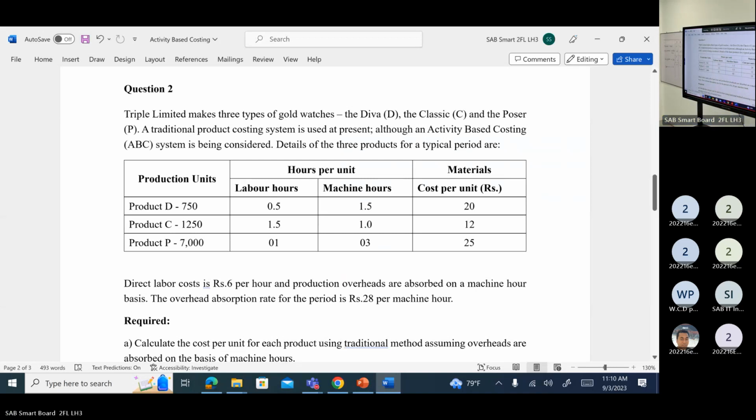Slide. So unit cost, simple calculation actually.